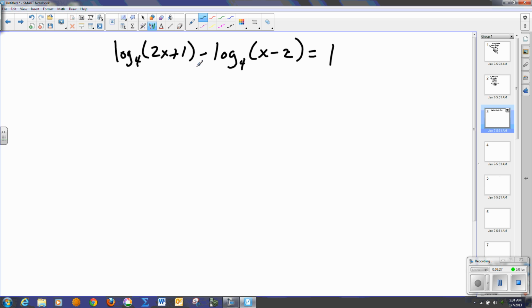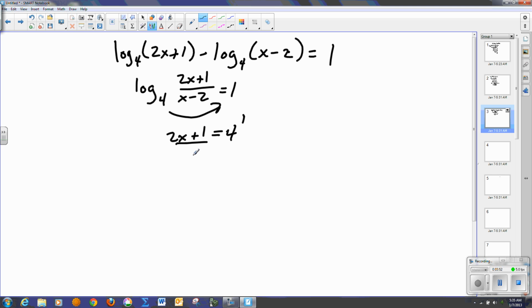Now, instead of addition, we have a subtraction separating the two, so that simplifies to a division. So I have the log base 4 of 2x plus 1 over x minus 2. That equals 1. Slide the base again. 4 to the 1st is equal to 2x plus 1 over x minus 2.